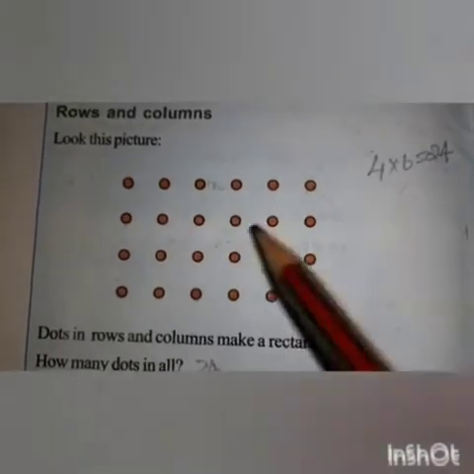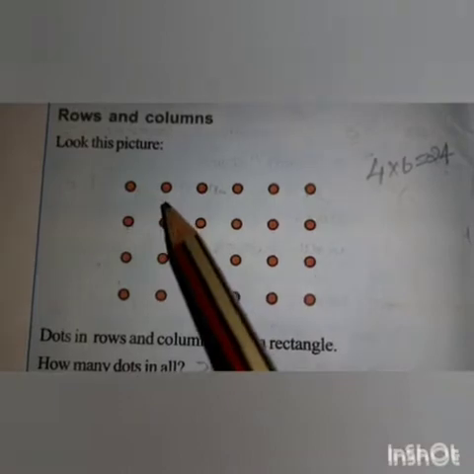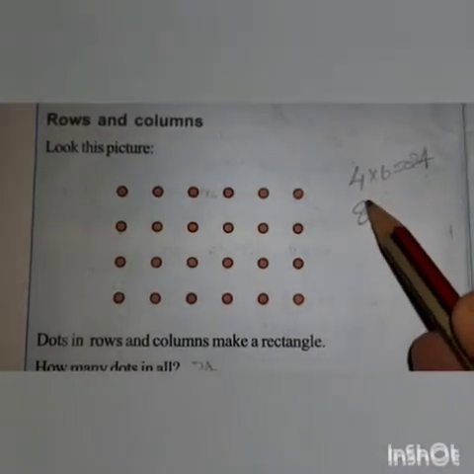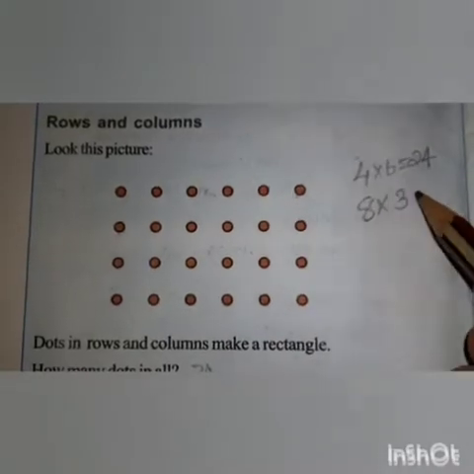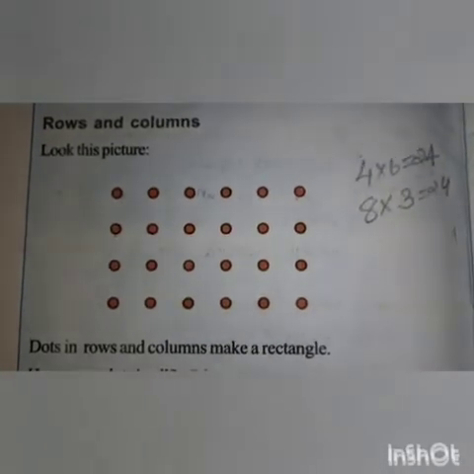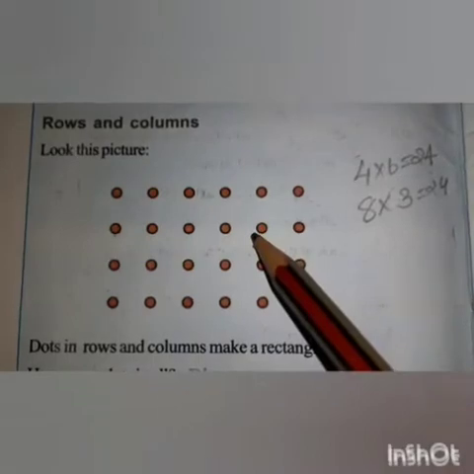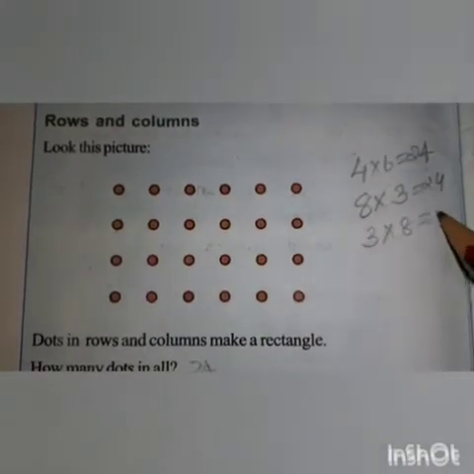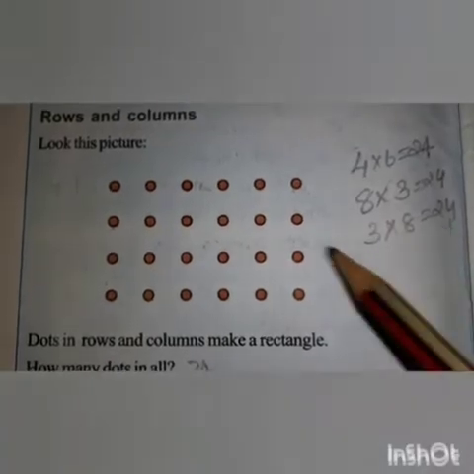Then if you rearrange these dots, the total number should always be 24. If you rearrange like this, 8 rows and 3 columns, you will get the same 24. That is also a rectangle. Then 3 rows and 8 columns, you will get 24 dots.